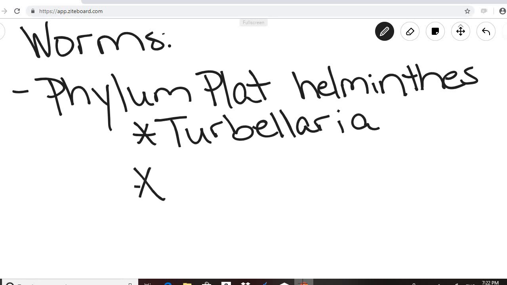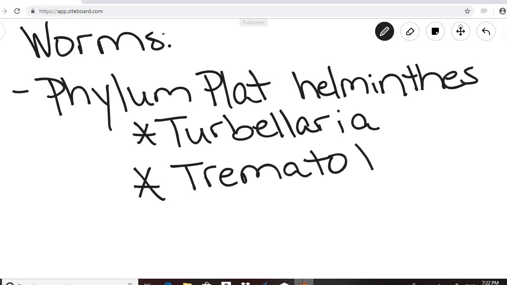And then another type, these are called the Trematoda. And the two that maybe you have heard of that fit in this category, one are the flukes, and the other is tapeworm.